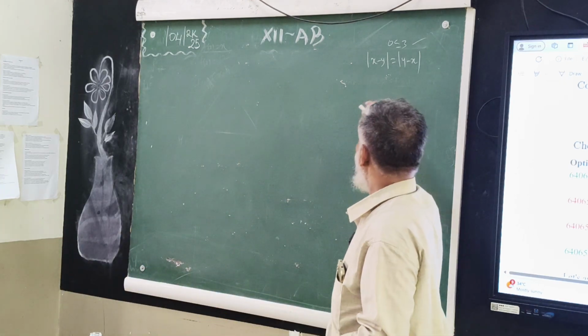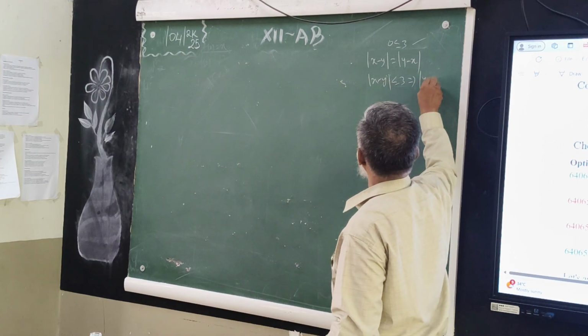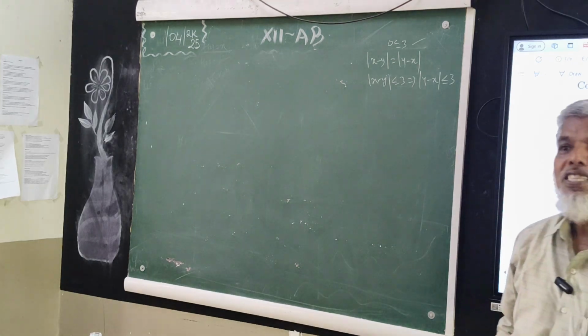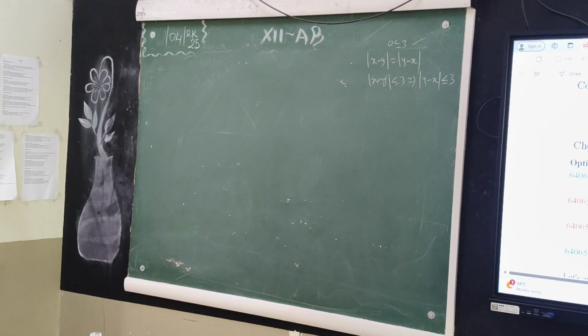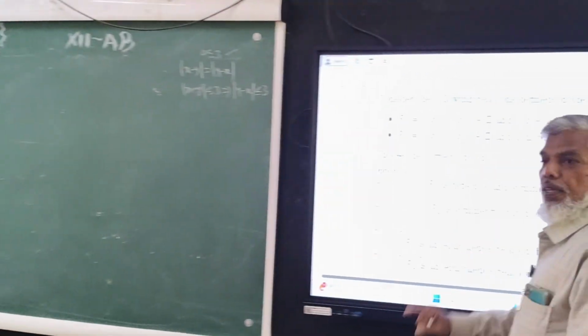Therefore, whenever modulus of x minus y is less than or equal to 3, modulus of y minus x is also, therefore it is symmetric. They are asking reflexive and symmetric, both are correct. So this option is correct.